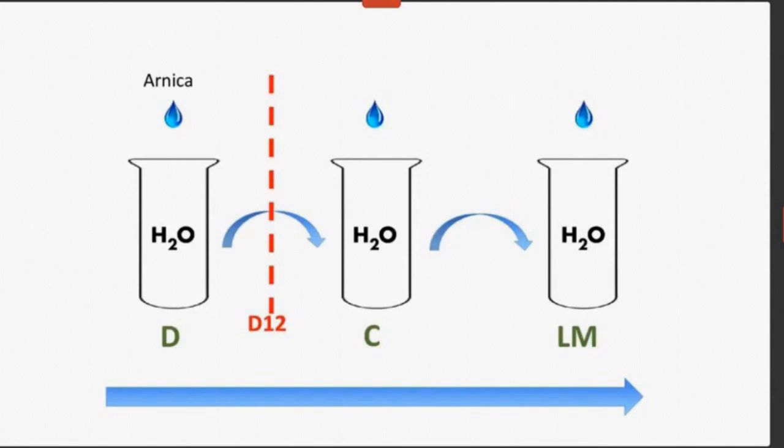So what is the idea? At some level of dilution, you would not be able to trace back the mother tincture in the diluted water. No physical instrument would be able to trace back the physical substance, the remedy itself, in the water.